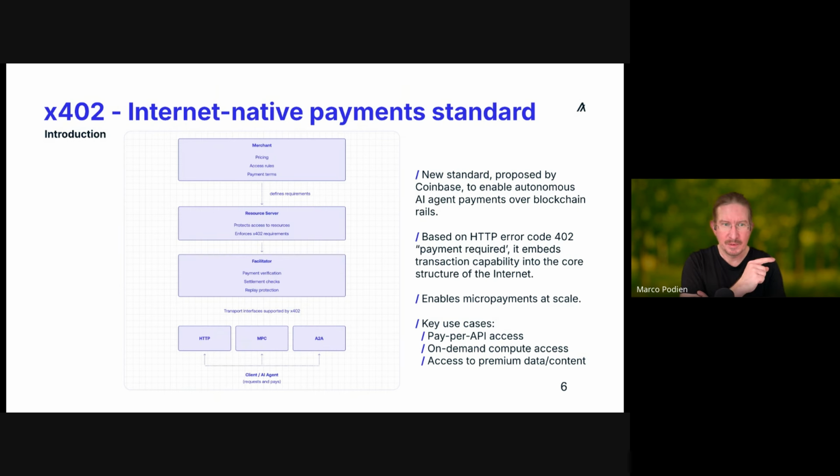He was one of the inventors of one of the earliest web browsers, called Mosaic, and he pushed for this error code because he knew that if you don't bake a payment method into the very protocol, you would end up with something no one wanted, which is advertisement everywhere.